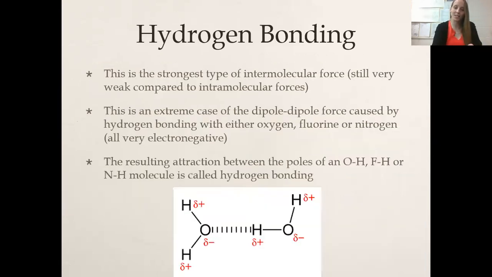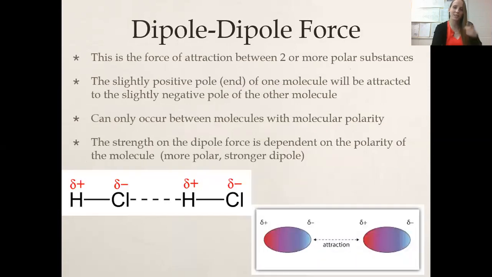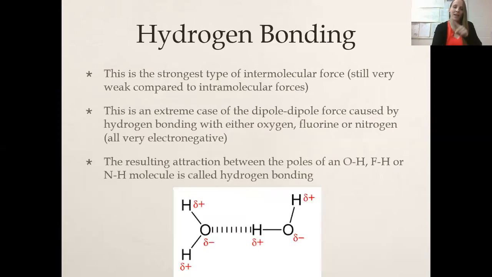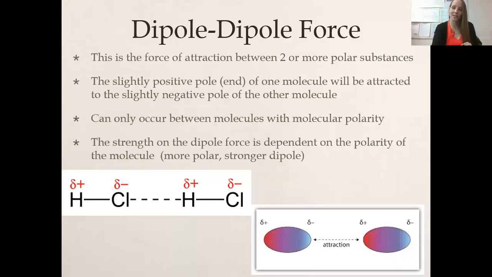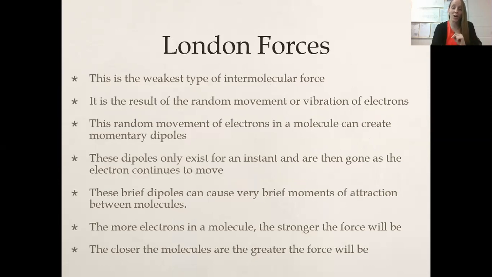The hydrogen bonding example is water. Because hydrogen bonding is a stronger intermolecular force than the dipole-dipole, water is going to have a higher boiling point than hydrochloric acid, which would have a higher boiling point than something that's non-polar and would have only London forces, like oxygen gas or nitrogen gas or chlorine.